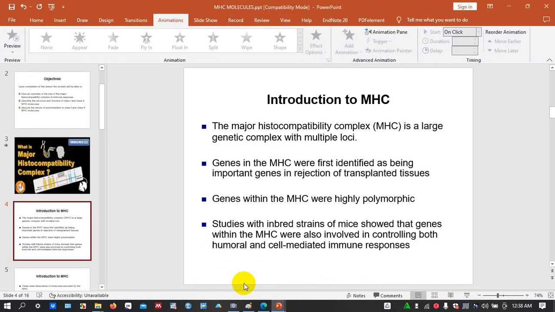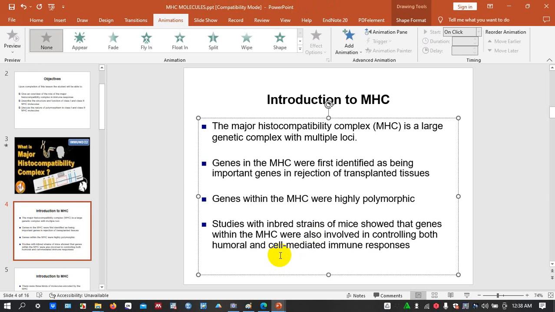Okay, so genes within the MHC were highly polymorphic, meaning that people in Mali will have different major histocompatibility genetic makeup than people in Niger or in Ghana. Studies with inbred strains of mice showed that genes within the MHC were also involved in controlling both humoral and cell-mediated responses.